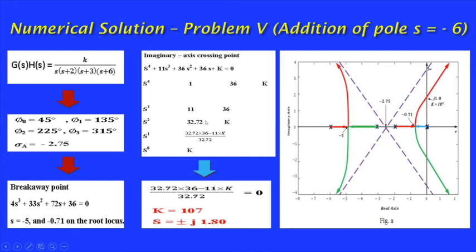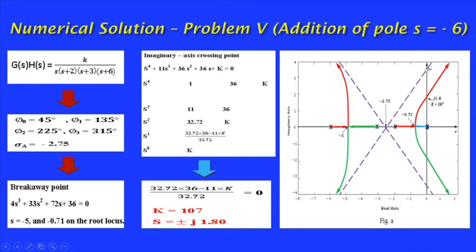Taking the auxiliary equation, 32.72s² + K = 0. Put K equal to 107. Then s equal to plus or minus j1.80. That means at that point K equal to 107 and s equal to plus or minus j1.8. With the addition of poles, the value of gain K for crossing the imaginary axis is increasing.